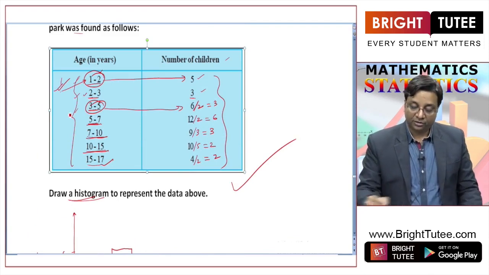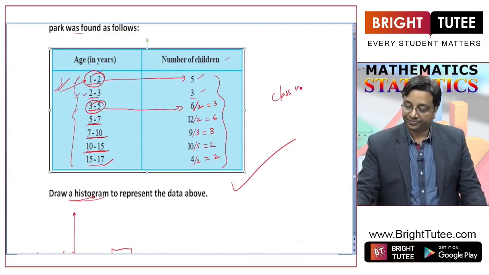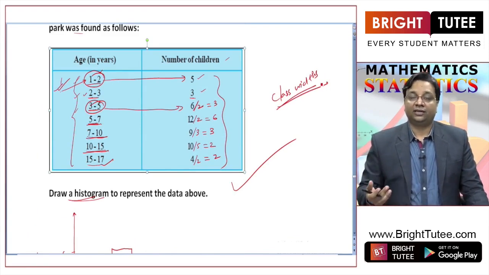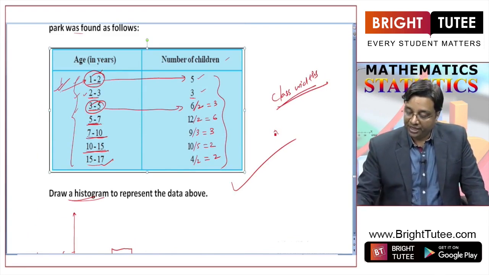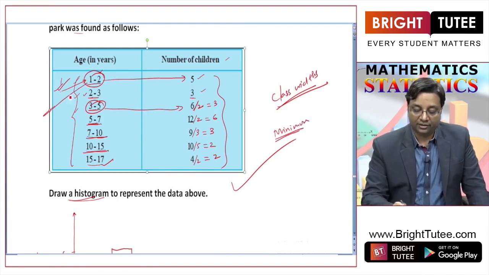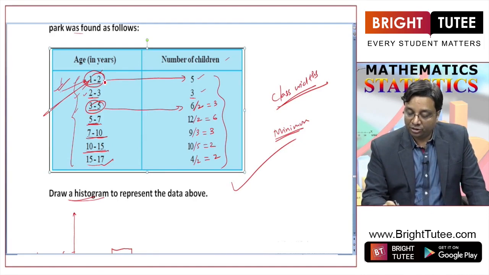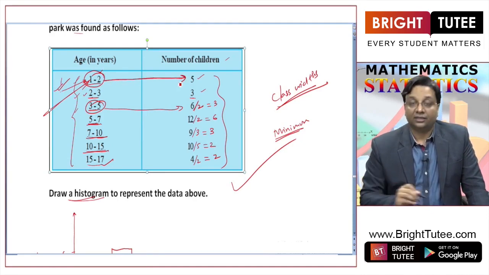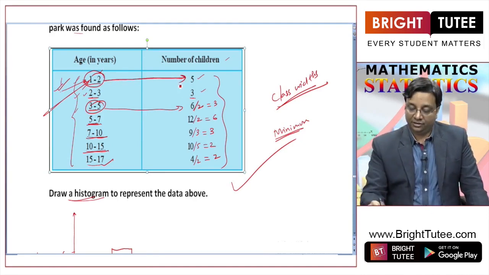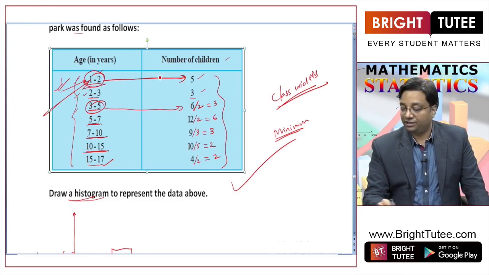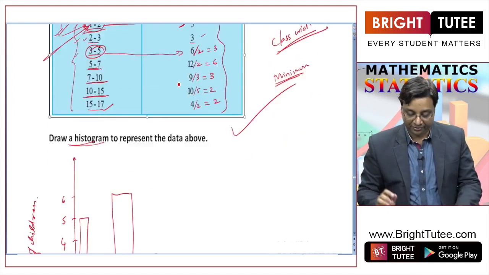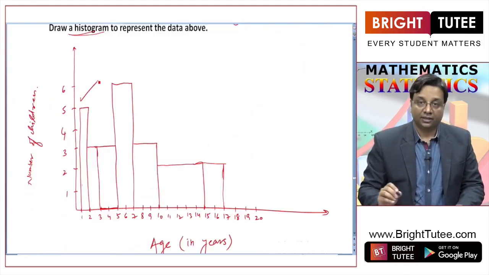It is important that you take care of the class widths. So the method to draw this graph correctly is to see the minimum class width first, which in this case was 1, right? So the frequencies corresponding to the minimum class width are to be taken as it is. So for example, in this case minimum class width is 1, so the frequency I took was 5, right?